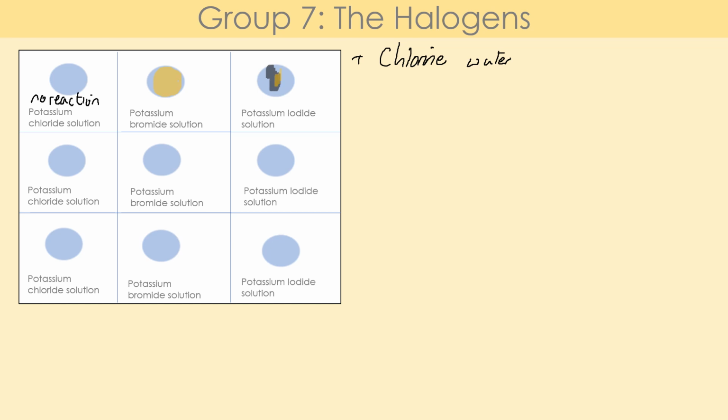So sort of orangey black is going to appear there. Let's try and get them both on together. So we get that appearing. We have displaced the less reactive elements. So it will displace the less reactive halogen.